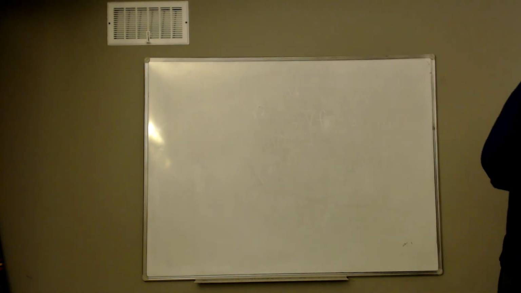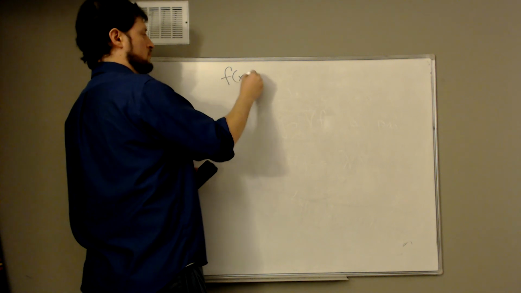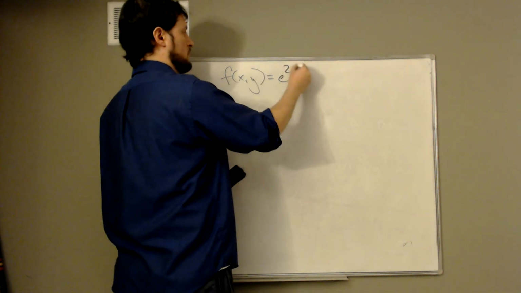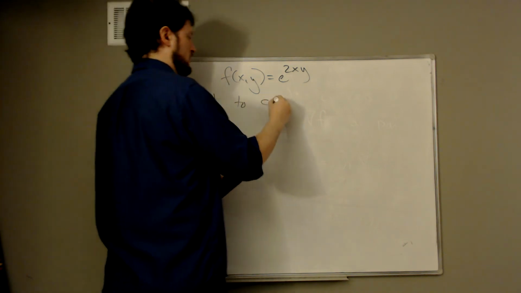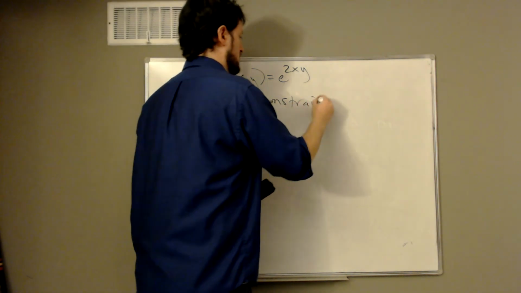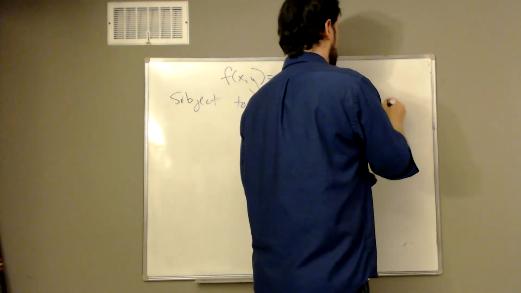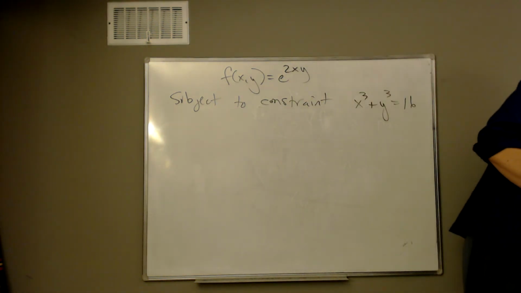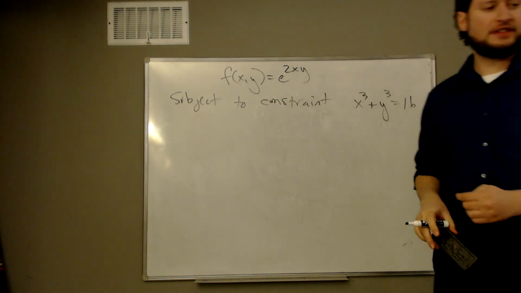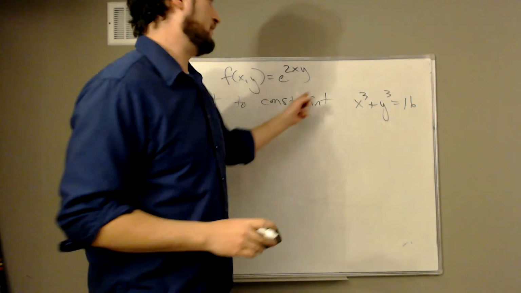Let's maximize e to the 2xy subject to the constraint x cubed plus y cubed equals 16. Now this is a funny constraint.